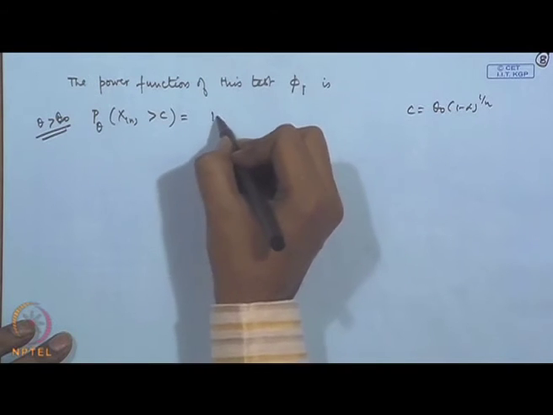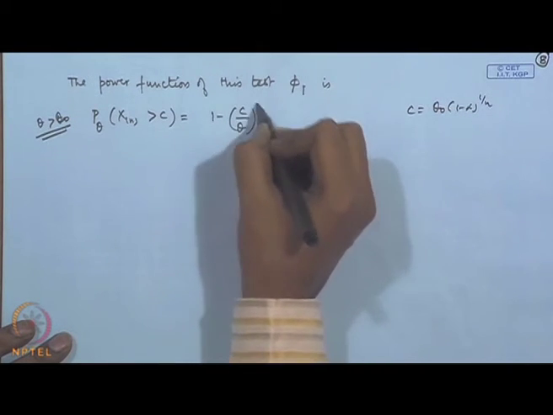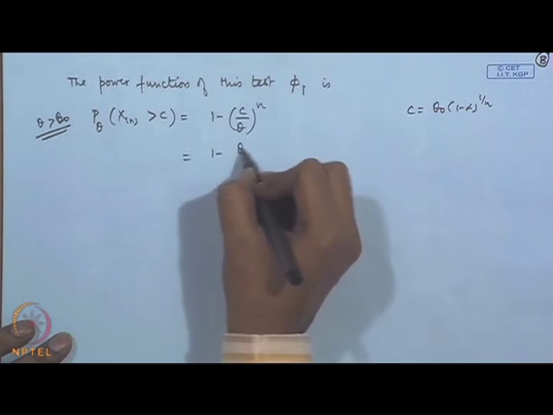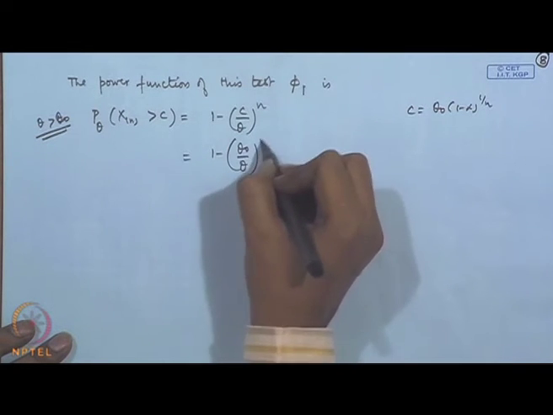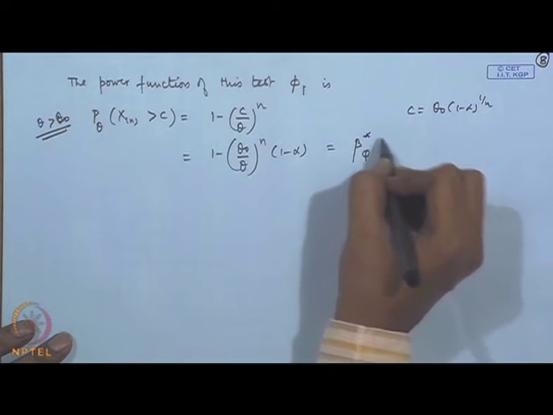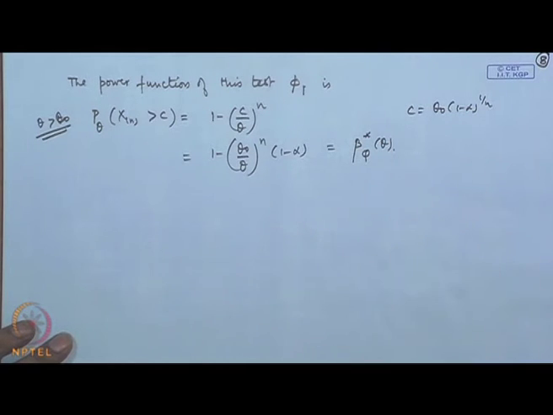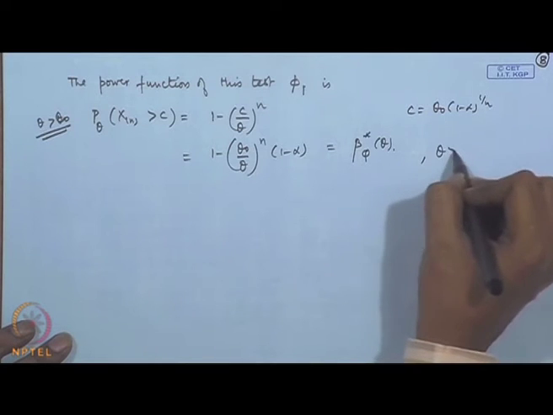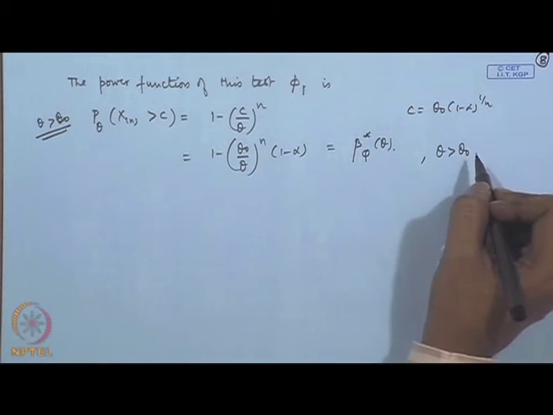This is equal to 1 minus (c by theta) to the power n, which equals 1 minus (theta naught by theta) to the power n times (1 minus alpha). Let us call it beta phi star of theta. Here theta is greater than theta naught.